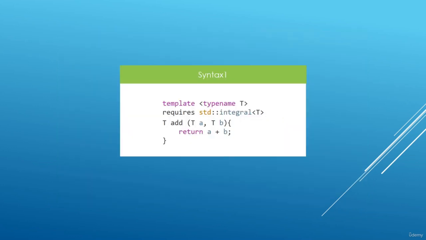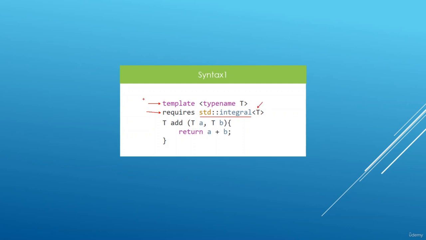And this is the first syntax we're going to look at. All you really have to do is to put in your template declaration like we have been doing all along. You also have to add in the requires keyword here. After the requires keyword, you're going to specify your concept and specify your template parameter in angle brackets here.